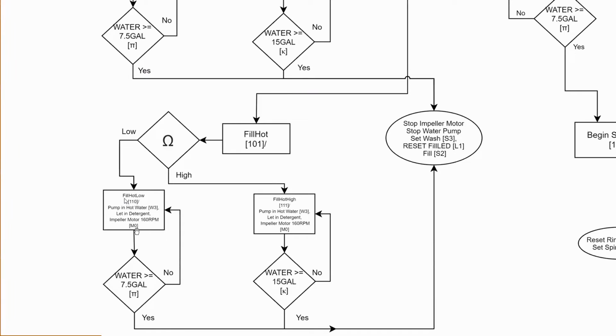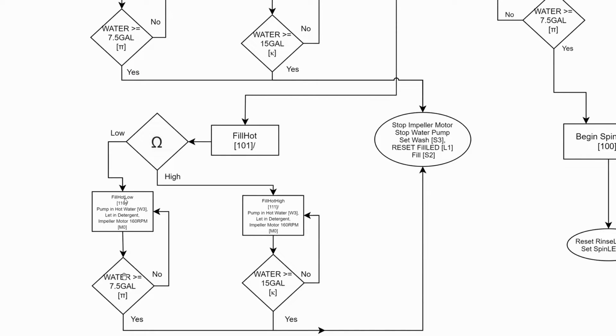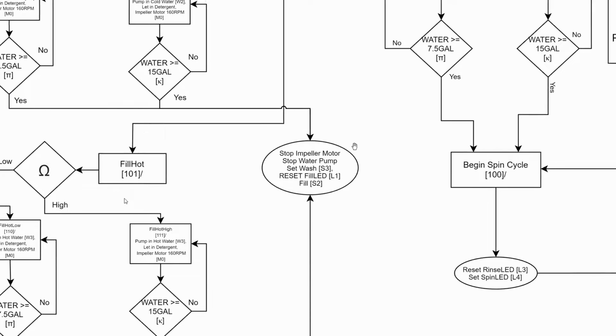And every so often it's going to check, is it at least at 7 gallons, like 7.5 gallons roughly? If not, it's going to keep doing this until it actually finally fills up with water. And then once it is at the right water amount, it's going to stop that impeller.